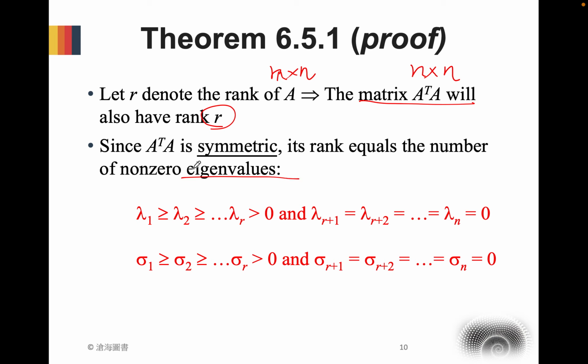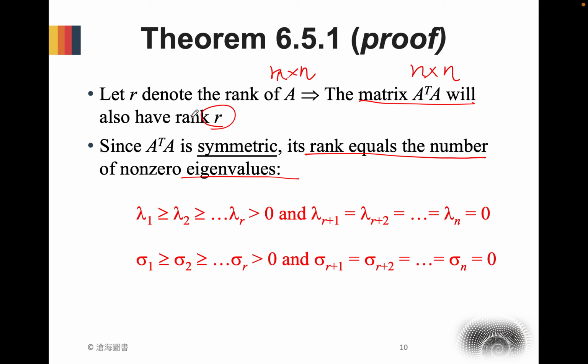This is another property you need to check again. For a symmetric matrix, its rank is equal to the number of non-zero eigenvalues. This is why I say this section is a little bit complicated, because it links many properties we described before, so you need to review again and again.